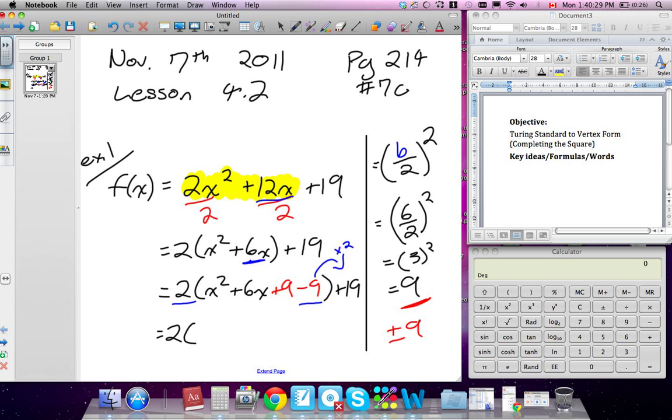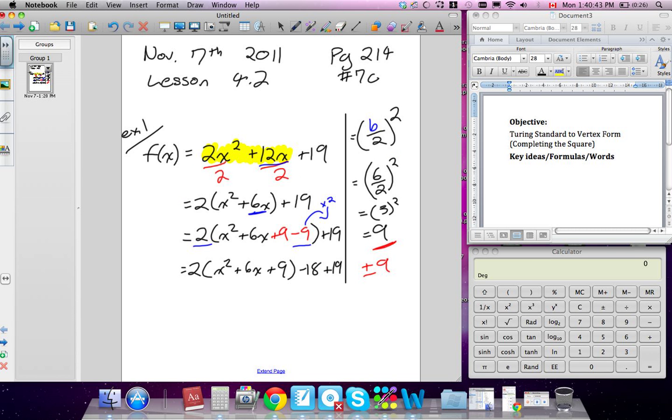We get 2 times x squared plus 6x plus 9 stays down. The negative 9 times 2 becomes negative 18 outside the brackets plus 19. Okay? We're going to simplify the constant numbers on the outside, and it'll be plus 1.